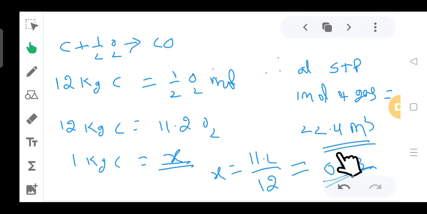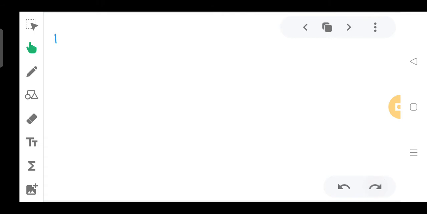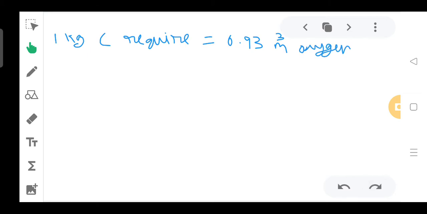This is not air. 0.93 normal meter cube of oxygen is required. And coming to the next part, for burning 1 kg, we require 0.93 meter cube of oxygen.